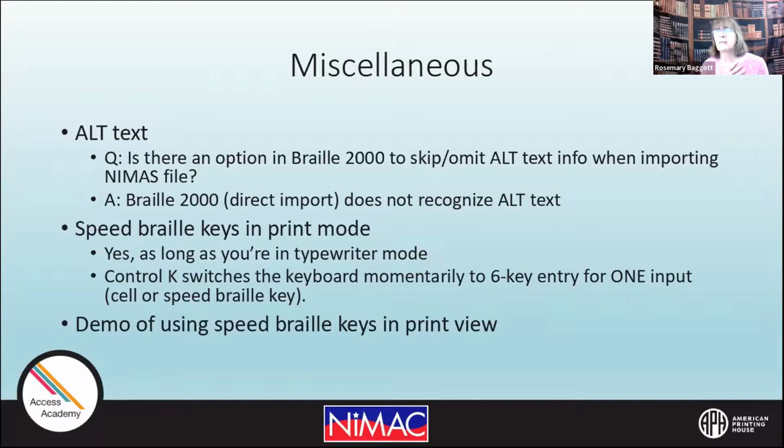For most of our intents and purposes, at least when I'm doing a lot of the technical work, I don't need it. I've run into some alt text recently in the last few days working through this sample file. That was through Braille Blaster because it was NIMAC, and I wanted to see what they had there, but the alt text was not something I used, so I had to delete it. If you import directly into Braille 2000, it shouldn't be there.